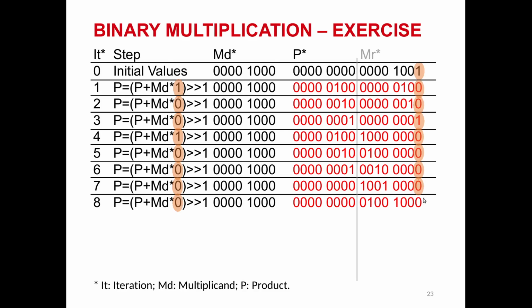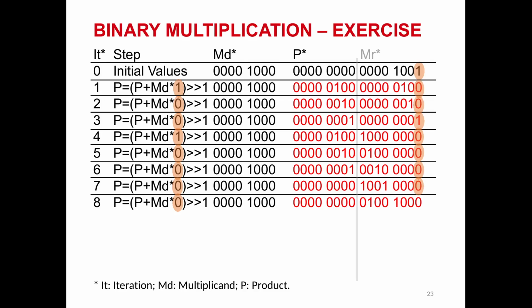And at this time we already do for 8 times. It is equal with the number of bits for multiplier, in this case 8 bits for multiplier, and so we will have this as the final values of our multiplication between 8 multiplied with 9, and this value is 72.